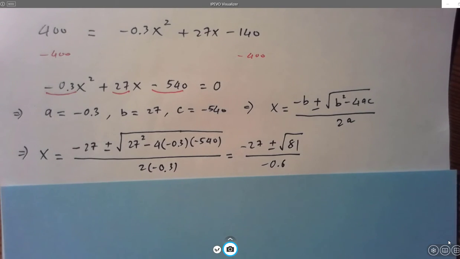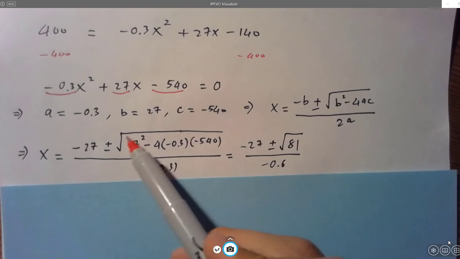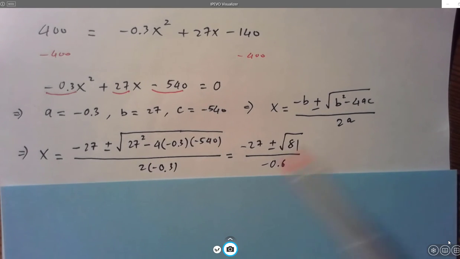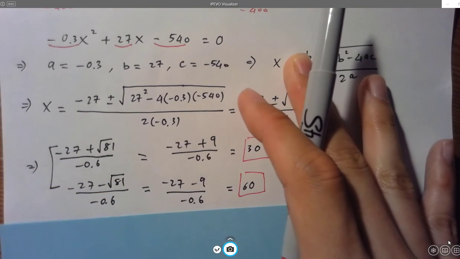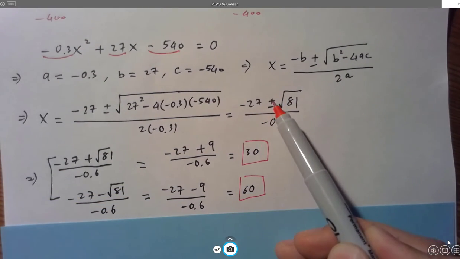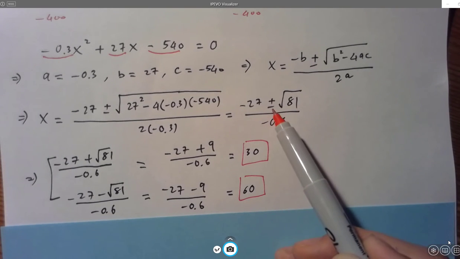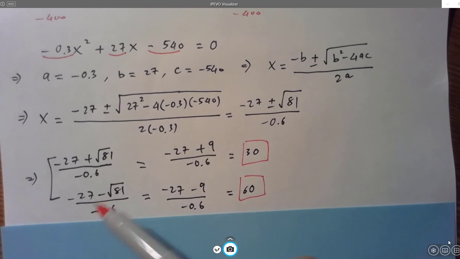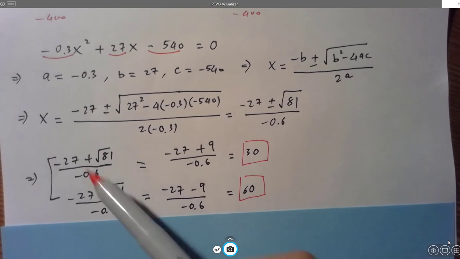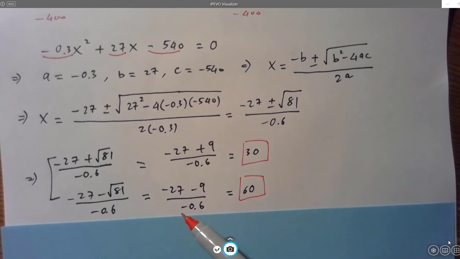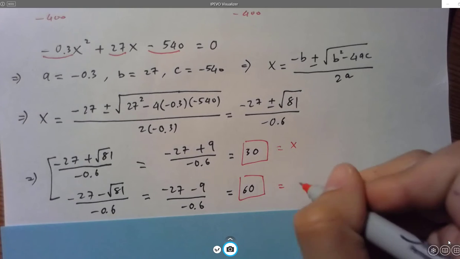Combine that together under the radical, and you should get 81 if you multiply them by the calculator. Then we have two different values: one with the plus side, the other with the minus side. Then just simplify them, dividing by minus 0.6. One you add, one you subtract, and you should get 30 for one, and 60 for the other. These are the values of x.